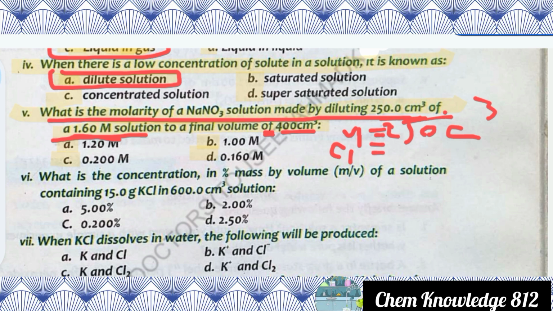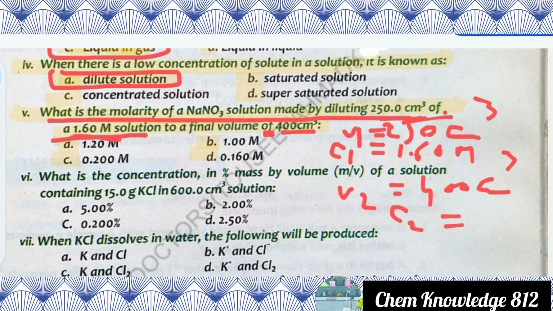C1 will be equal to 1.60 molar. And the final volume, V2, will be equal to 400 cubic centimeter. And we are going to determine the molarity of the sodium nitrate solution at final concentration.